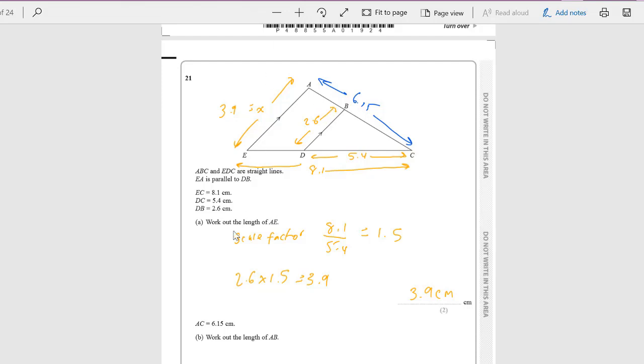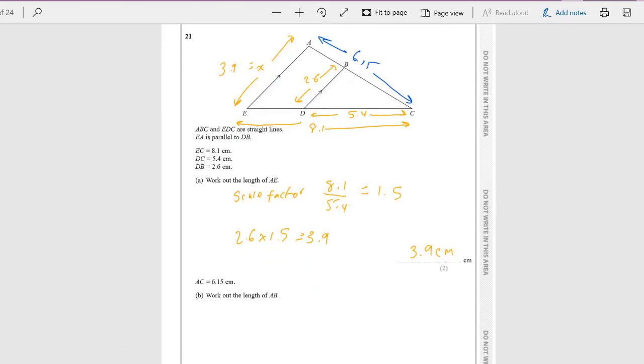So again, very similar. So just scrolling down ever so slightly. So BC, which is here, is going to equal 6.15 divided by 1.5. So that gives us 4.1.